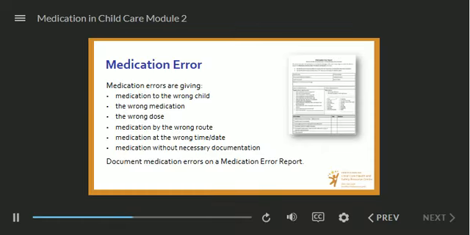The consequences of medication errors can be serious and cause injury to a child. Checking the 6 rights as described in this training can help avoid these serious mistakes. Document medication errors on a medication error report and fill out an incident report. Early care and education programs who have medication errors should request additional training and technical assistance, and review their policy and procedures for any changes that need to be made.